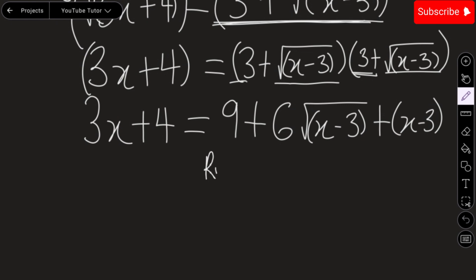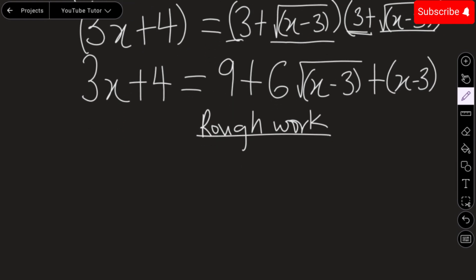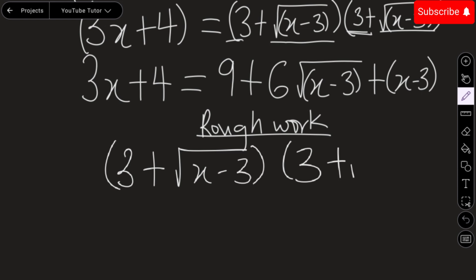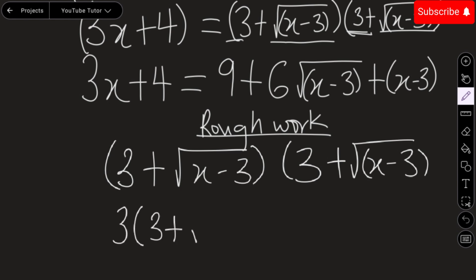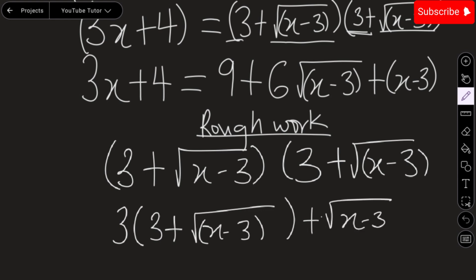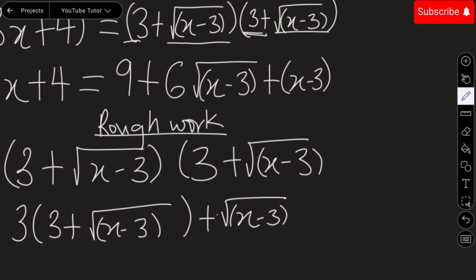So this is just rough work. Okay, so it is 3 plus root of x minus 3 times itself. You see, we express it by expanding the bracket, as we know in algebra. So x minus 3, let me take it to this side, times 3 plus root of x minus 3.